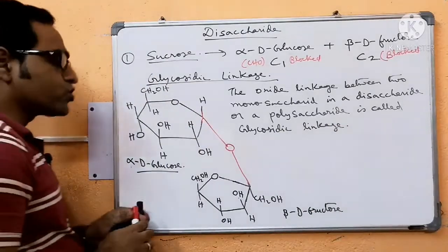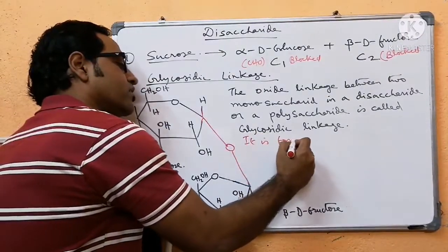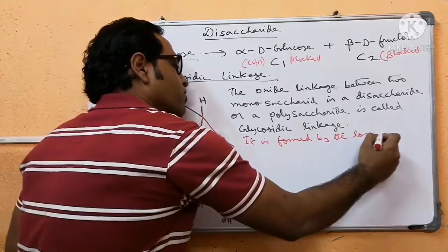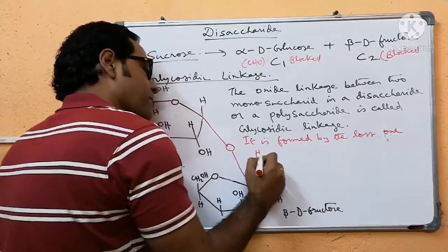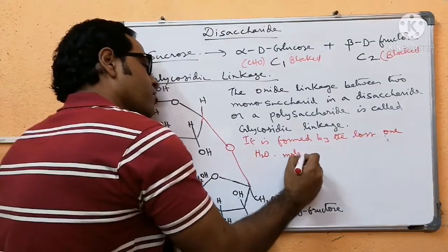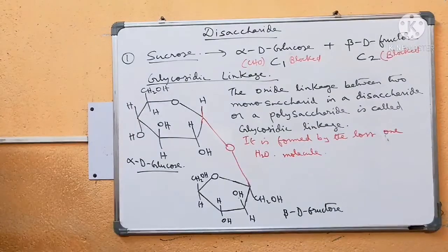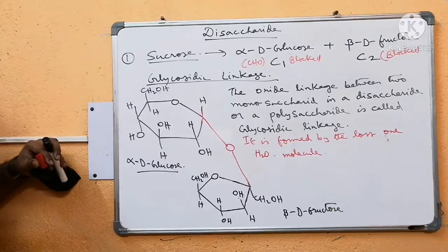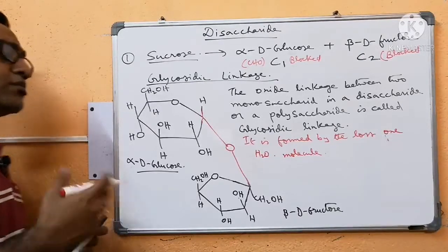It is formed by the loss of one water molecule. So it is basically a condensation reaction. In the polymer chapter, you will study condensation polymer, where one water molecule or a small molecule like ammonia is removed.